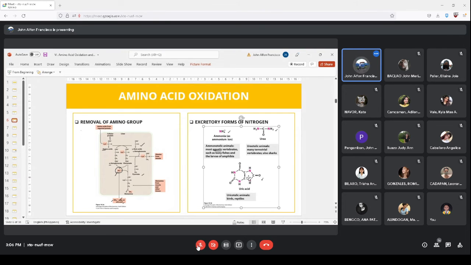That is actually true, because uric acid is insoluble in water and it can form salt. That salt can stay in the bones and joints and cause pain. So that is also the downside when there is too much uric acid in the body.